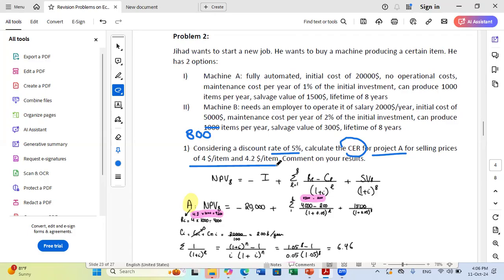sometimes for a certain selling price the project will not perform well, so we can study the possible range of selling prices, of course, while being competitive in the market.